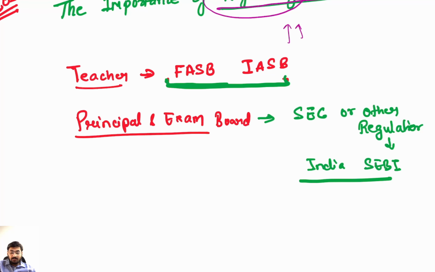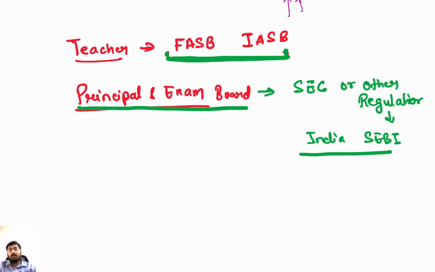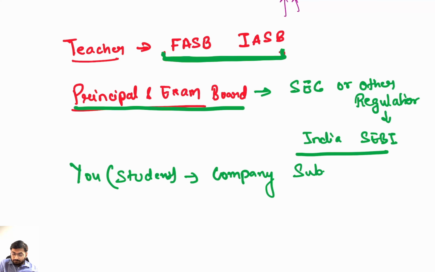So they are going to set the rules. The principal and examination board ensure that the companies follow the rules. Clear? And you as a company, the student, will submit your financial reports.